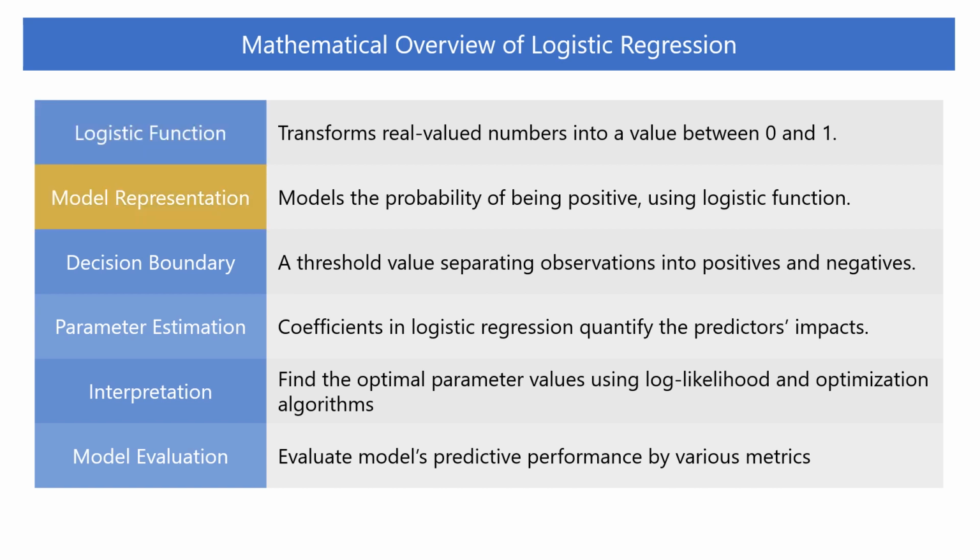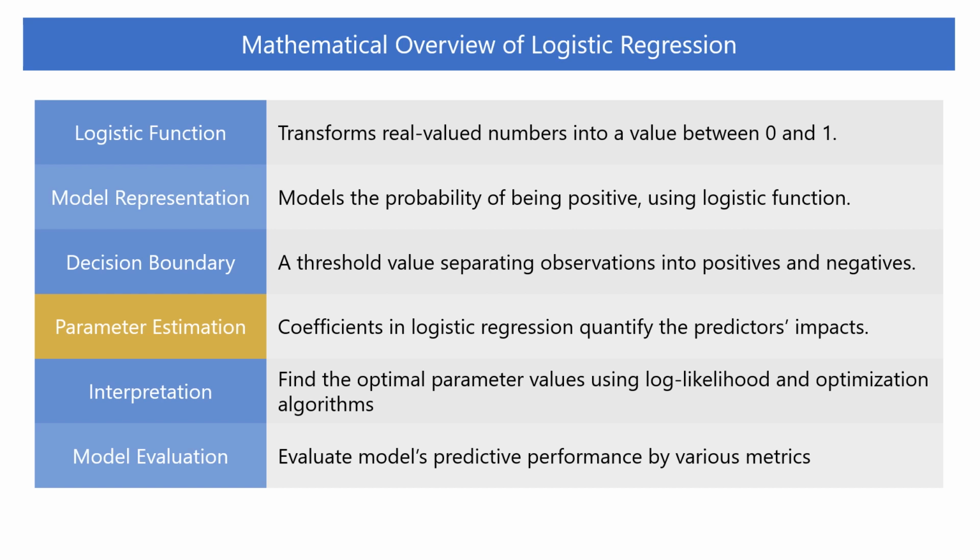As a model representation, logistic regression models the probability of an observation belonging to the positive class, usually labeled as 1. Here, the model is a function of the input variables using a logistic function. The decision boundary is a threshold value separating observations into positive and negative classes.